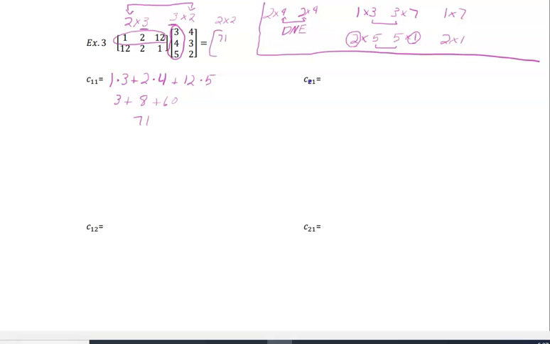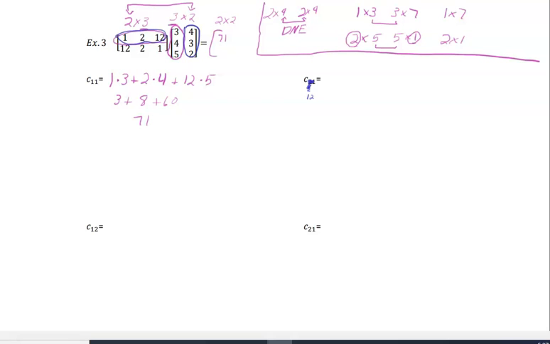This should be 1, 2, right? First row, second column. First row, second column, and then I'm doing the same thing.